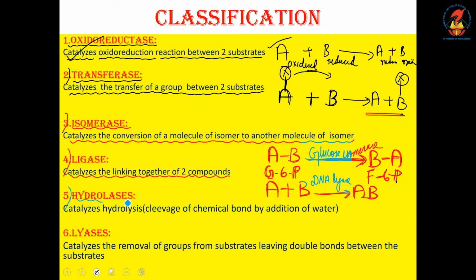Fifth category, hydrolases. It catalyzes hydrolysis, that is cleavage of chemical bonds by the addition of water. Again, I am going with the same substrate A, B. There is a bond between AB.